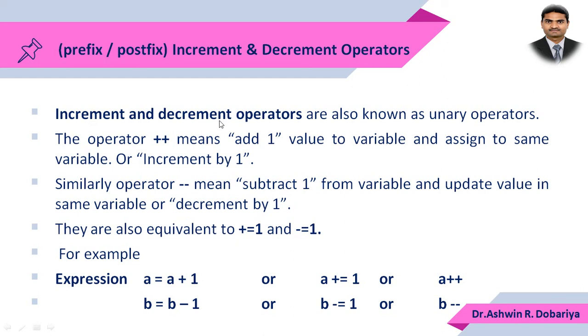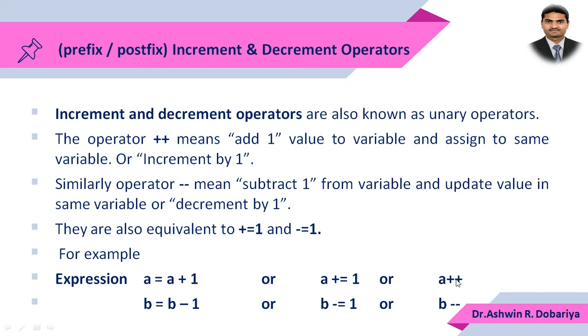Increment and decrement operators are also known as unary operators. That is very important. Why is it a unary operator? See here, this is a post increment. Post means the operator is mentioned after the variable. If the operator is before the variable, it means pre.